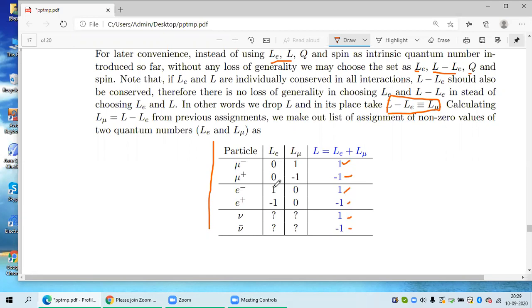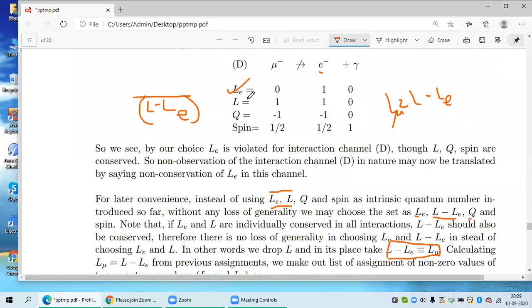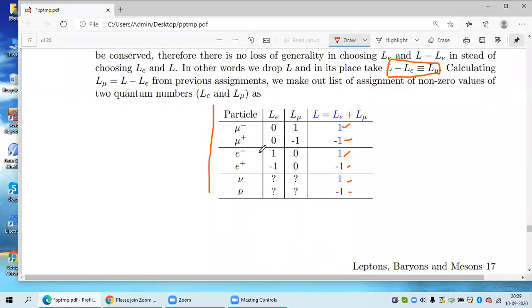Le we have to assign, and we have already assigned that Le is 0 for muon, 1 for electron, -1 for positron obviously. And we don't know what it is for the neutrino and antineutrino. For that, we have to go back to other reactions. We only know that total L is 1 and -1 for these.